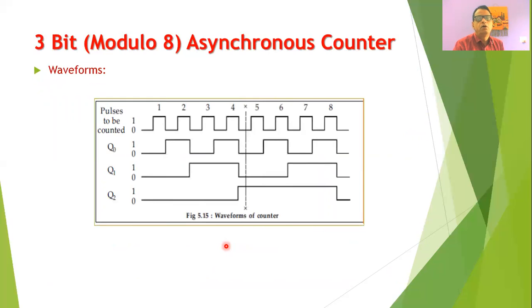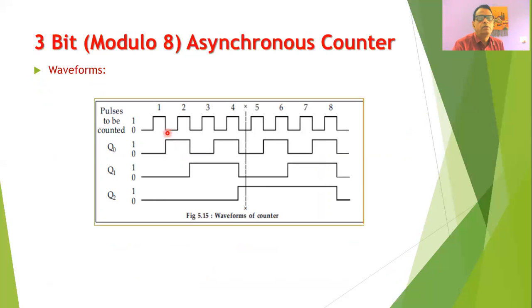Now we can draw the waveforms of this counter, and from the waveforms one can easily observe that initially all the outputs are 0. These are the flip-flops. These are JK master-slave flip-flops that are used in these circuits, and therefore the output of a JK master-slave flip-flop will change only at the trailing edge and not at the leading edge.